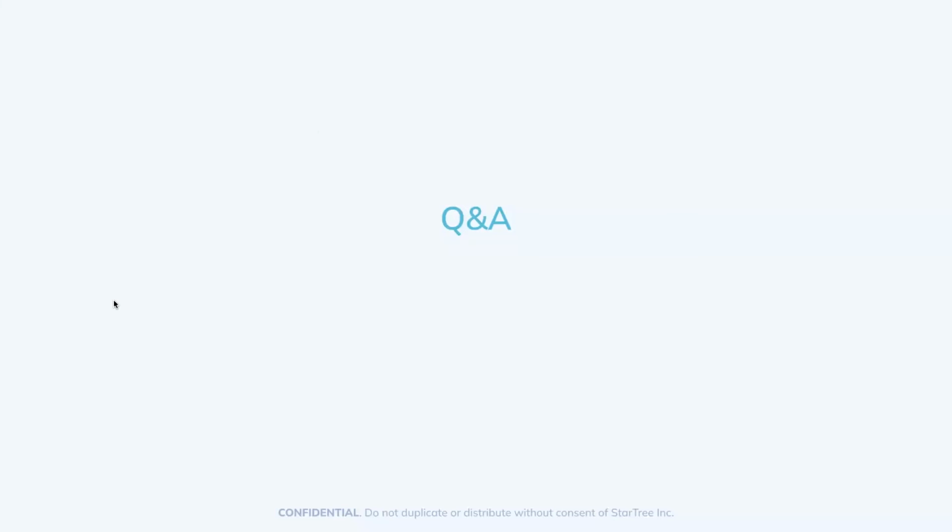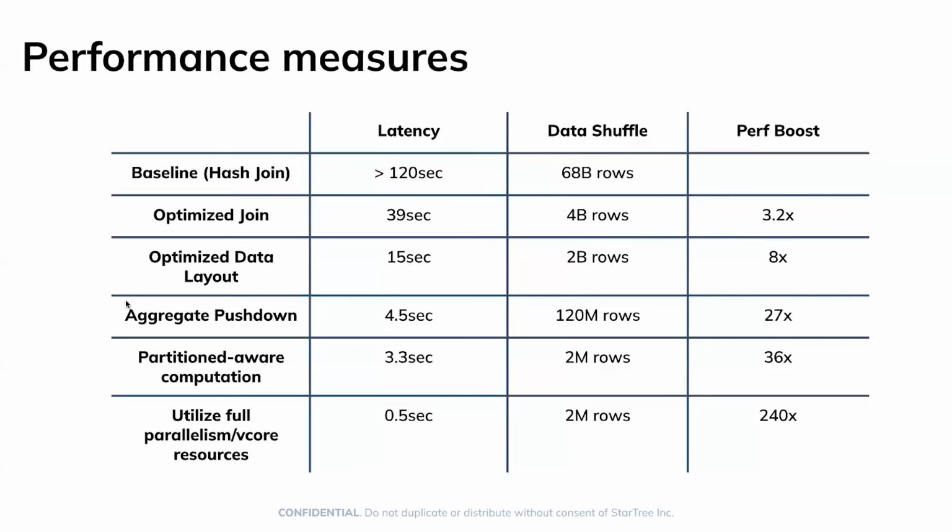Any questions? Hey, Rong, I have a couple of questions. On that last slide with the list of optimizations, you mentioned that how the data is placed on the servers is important to the performance, right? To be able to leverage some of these optimizations. Correct.